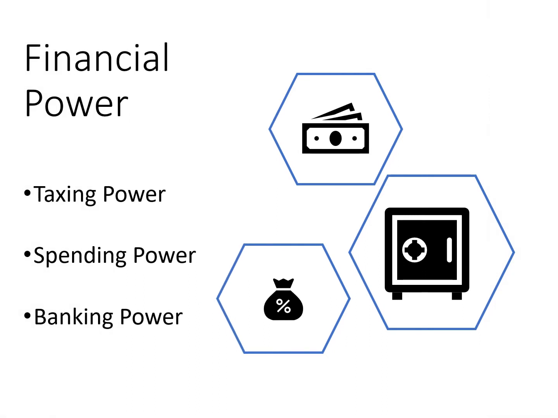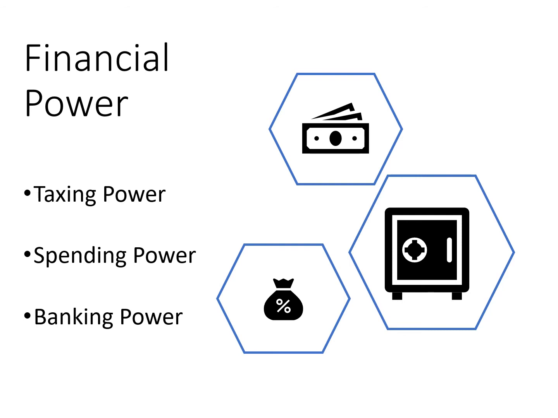Congress also has, in its second important power, financial powers. Now, these financial powers often work in tandem with the commerce power, and the financial powers are often how the federal government is able to regulate areas that you might not think they have the ability to do.